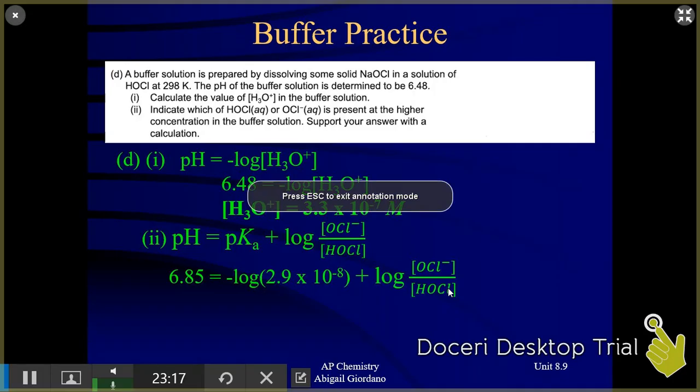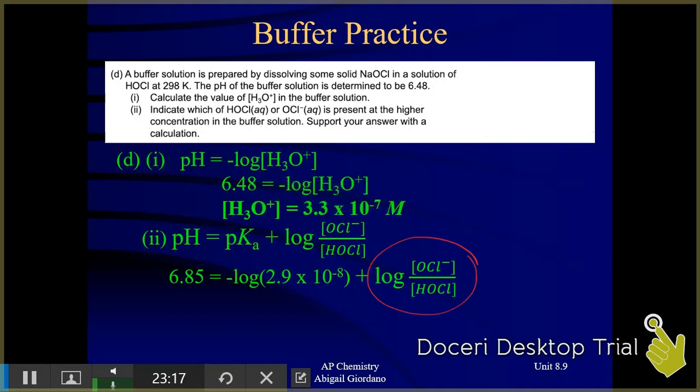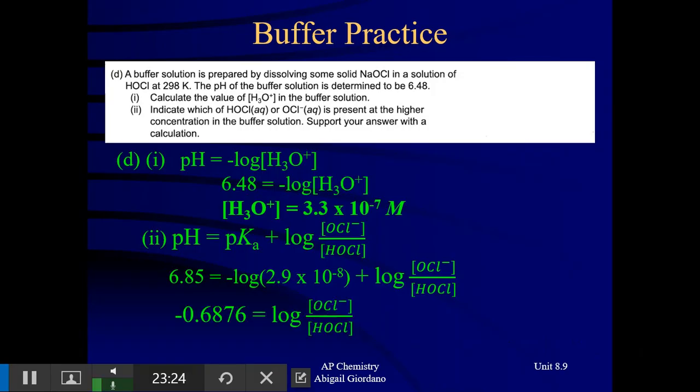And it's this ratio right here that I don't know. So let's do a little algebra. Okay, I can get it down to the log of that base over acid ratio equals negative 0.6876.